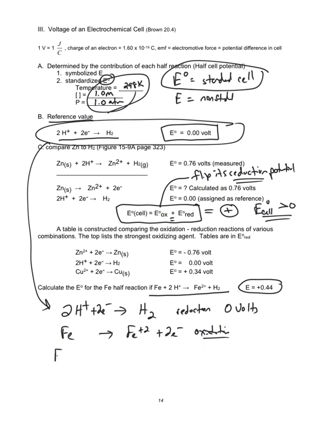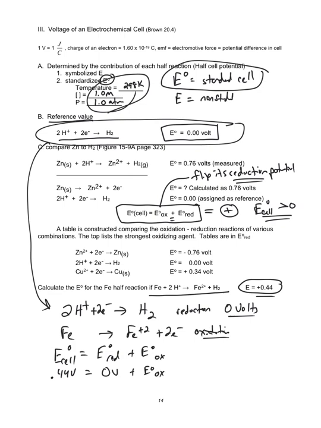Well, if the E of the cell equals the voltage of the reduction plus the voltage of the oxidation half reactions, I know the voltage of the cell is 0.44 volts. The reduction voltage, the hydrogen reaction, is 0 volts, which now gives me the oxidation voltage of the iron reaction.